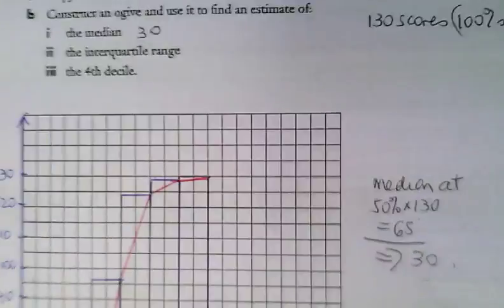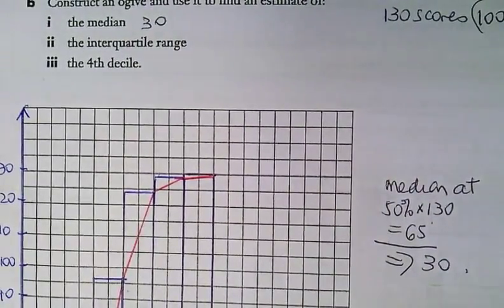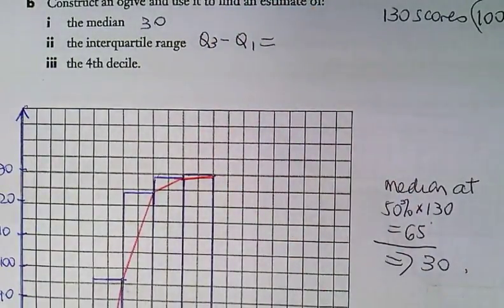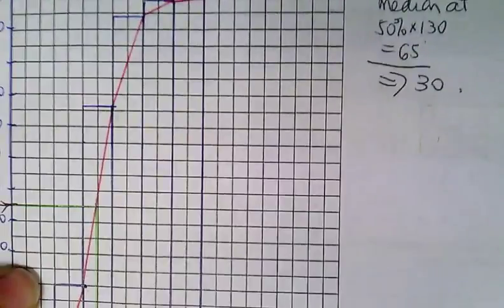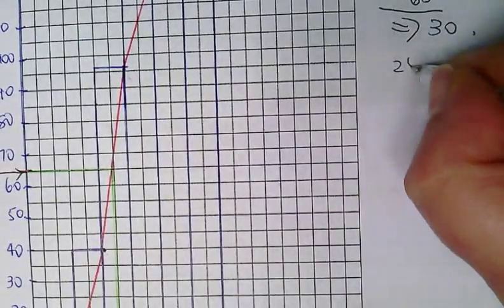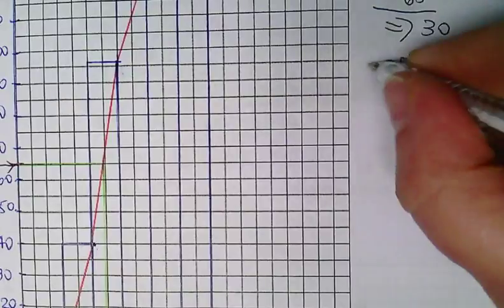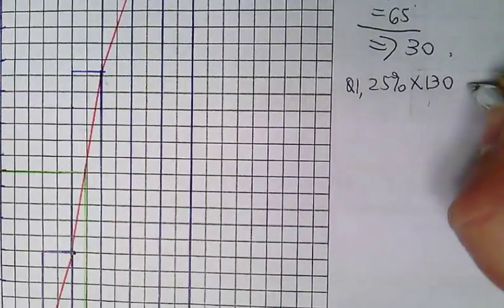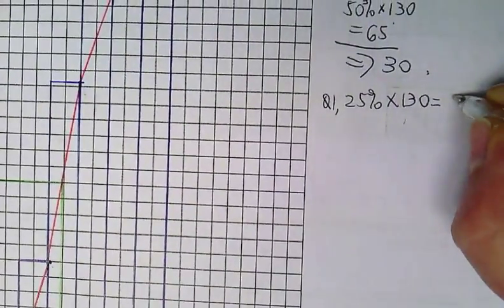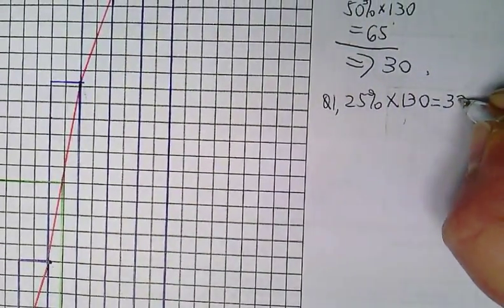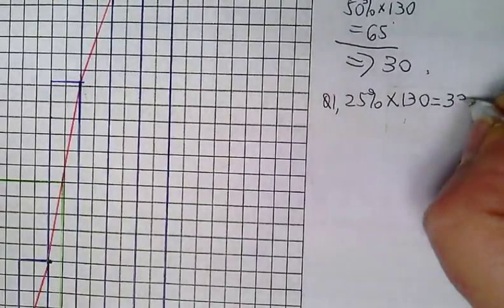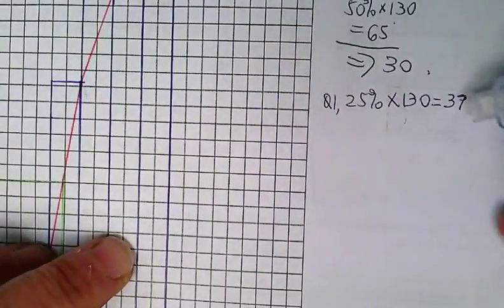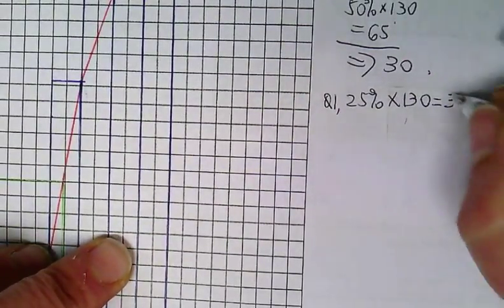Now the interquartile range, remember that is Q3 minus Q1, the third quartile minus the first quartile. So where is my 25%? Q1 is 25% of 130, which is 32.5.